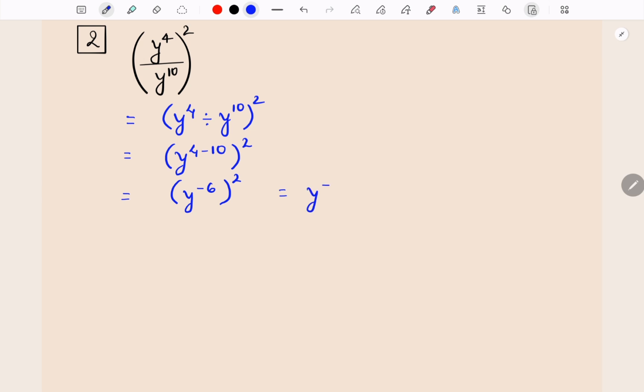So we will just multiply the indices. That would be y raised to the power of negative 12. And from the law of negative indices, we can simply write it as 1 over y raised to the power of 12. And that would be our answer.